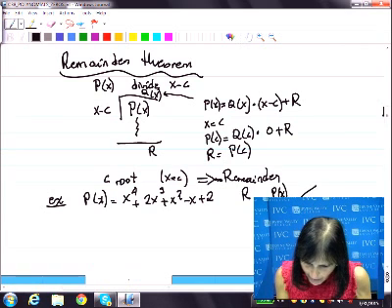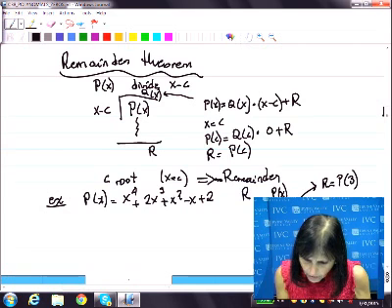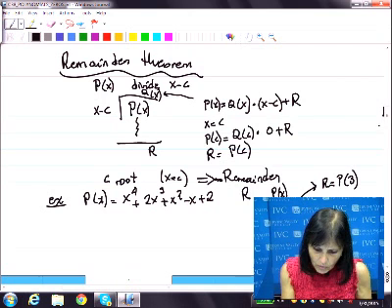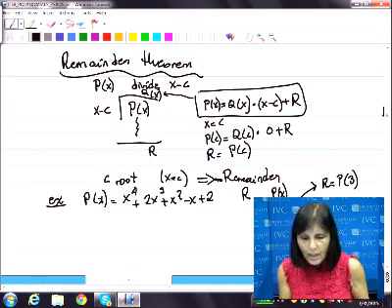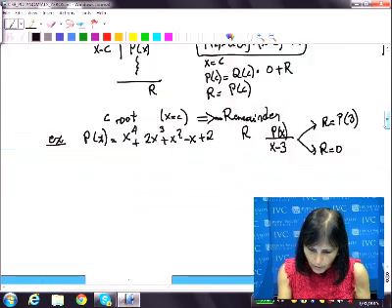The remainder is going to be p at 3, remember that? If I don't have a remainder, my remainder is going to be 0. That means I will just divide this by x minus 3 and get the quotient, because 3 is a root of the polynomial.